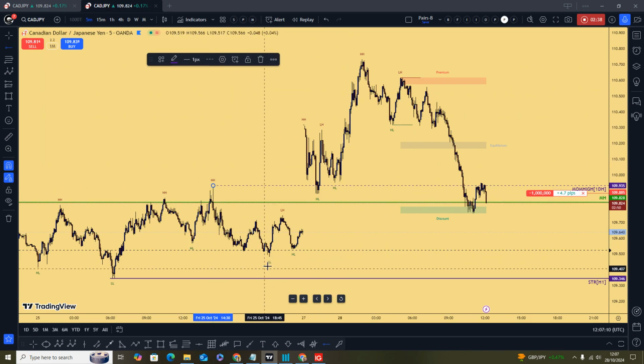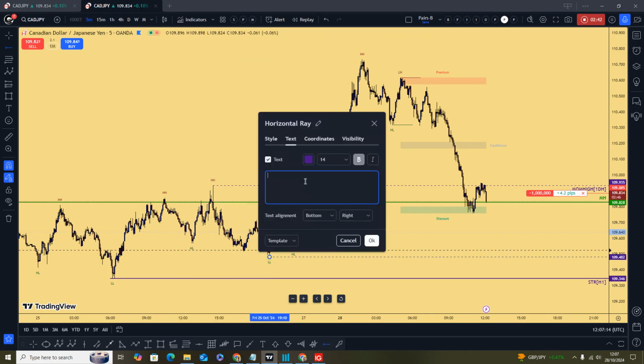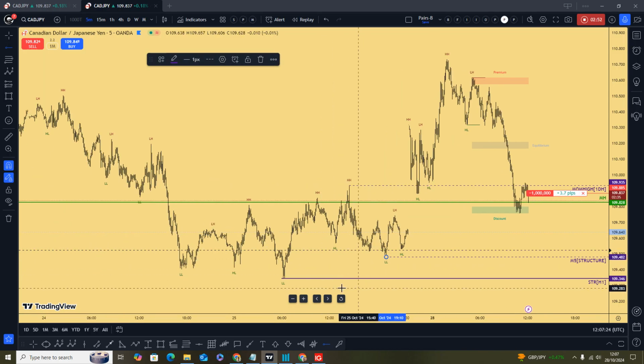Then we have a structure, and we have a momentum low, which is also a 1 hour structural point, and it's also 1 daily low because that's the low of Friday.